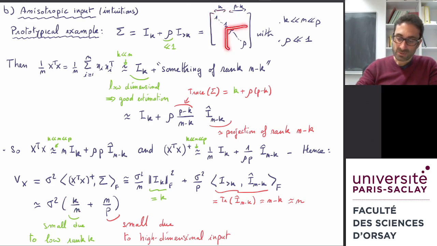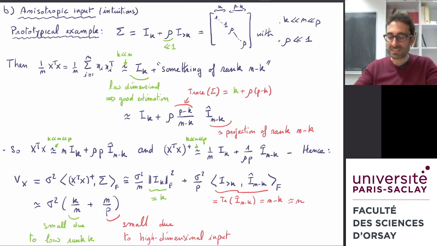And for the high dimensional part, what we have is a variance which will be sigma squared, of course, times n over p. So we have again this n over p term that will be small because p will be very large compared to n. So this term tends to be small in very high dimension.